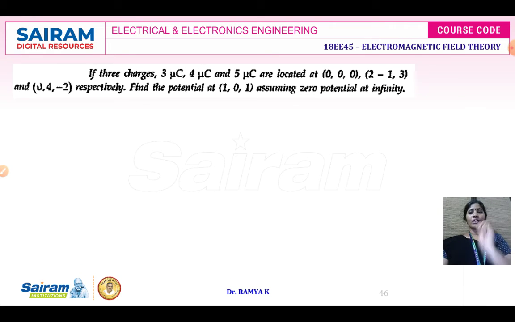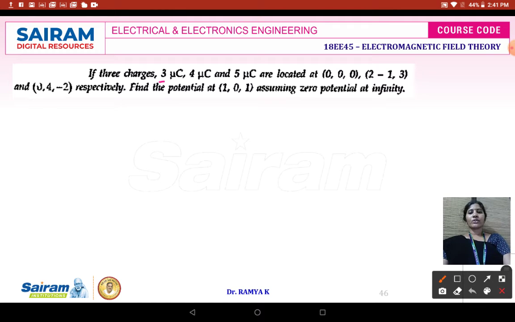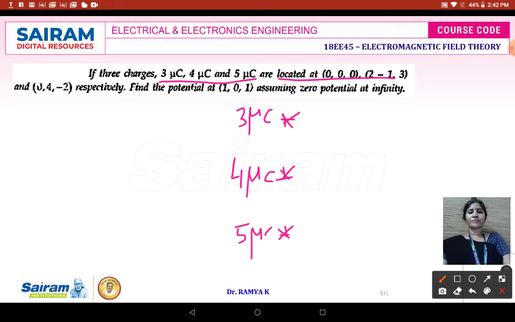Now, one more problem. Three charges, 3 microcoulomb, 4 microcoulomb and 5 microcoulomb, are located at these coordinates. The first charge value is 3 microcoulomb, the second charge value is 4 microcoulomb, and the third charge value is 5 microcoulomb.